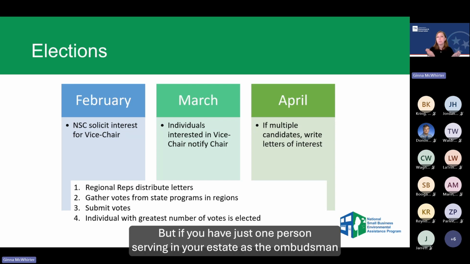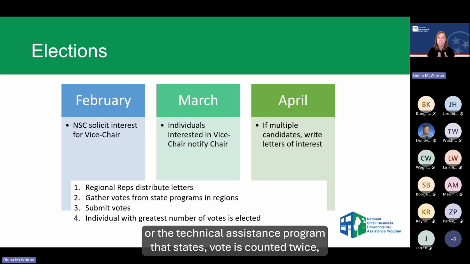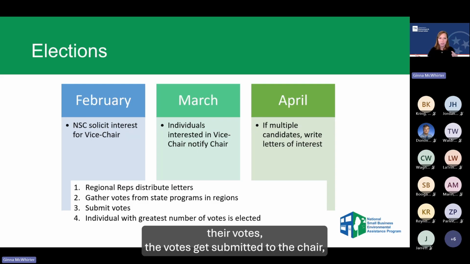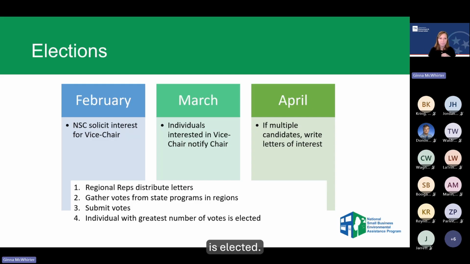But if you have just one person serving in your state as the ombudsman or the technical assistance program, that state's vote is counted twice. And then everybody submits their votes. The votes get submitted to the chair. And then the individual with the greatest number of votes is elected.